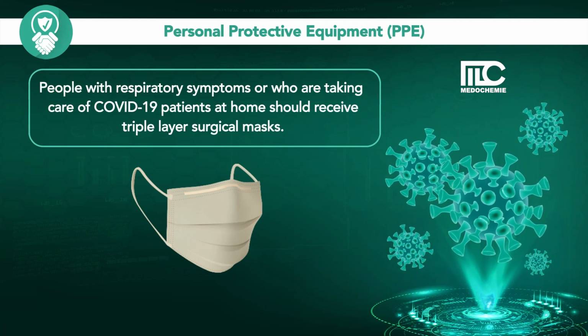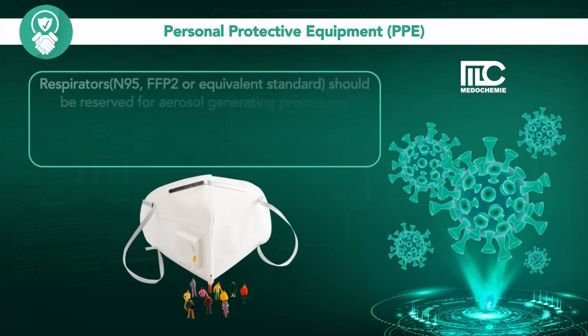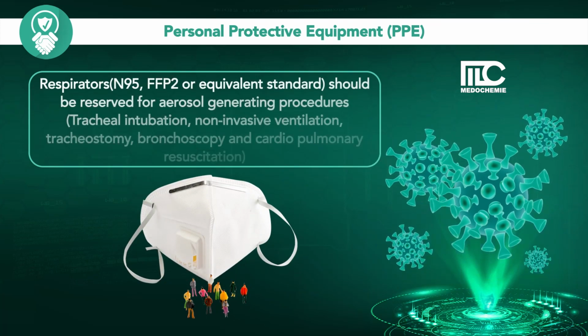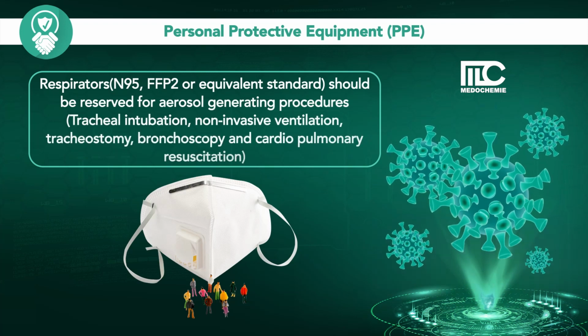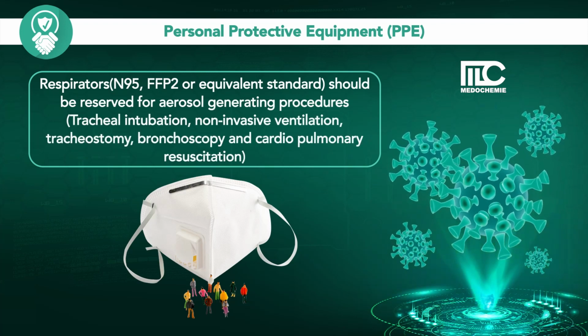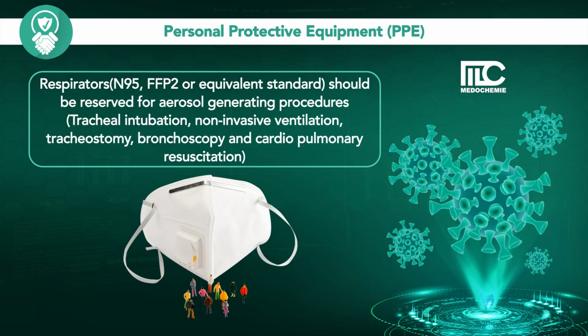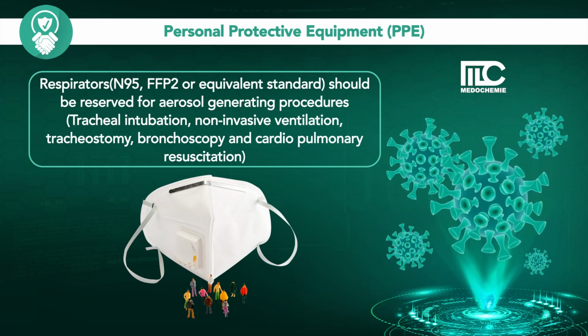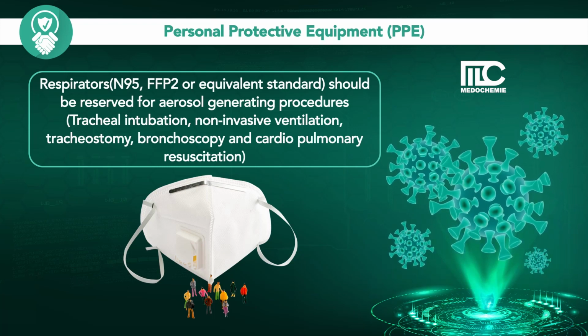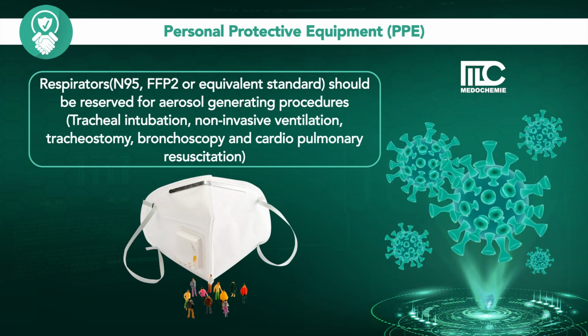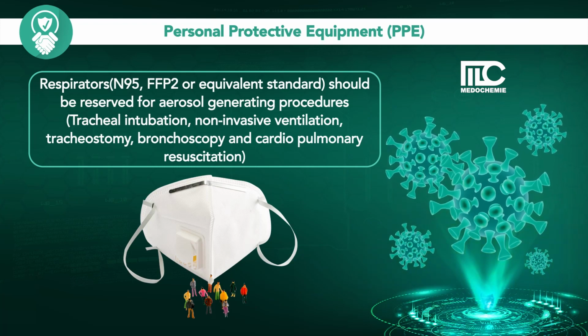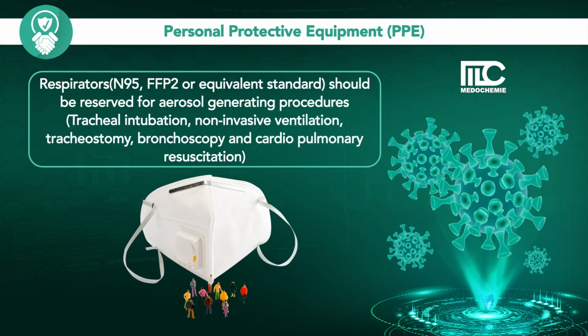People with respiratory symptoms or who are taking care of COVID-19 patients at home should receive a triple layer surgical mask. Respirators like N95 or FFP2 or equivalent should be reserved for aerosol generating procedures like tracheal intubation, non-invasive ventilation, tracheostomy, bronchoscopy, and cardiopulmonary resuscitation.